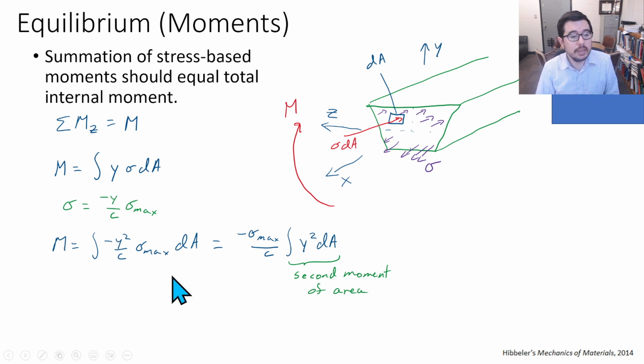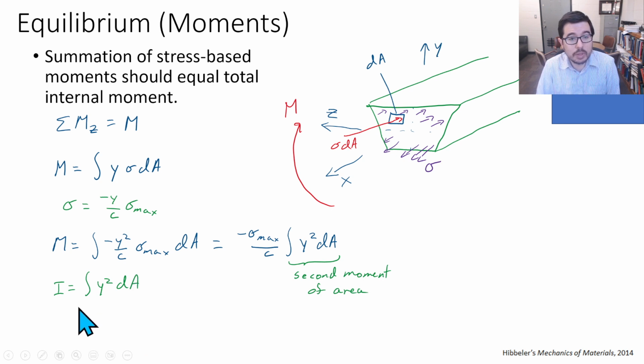We get that the internal moment can be thought of as being equal to a constant times an integral of y squared dA. This second moment of area, the integral of y squared dA, gets its own variable. We call it I, okay?